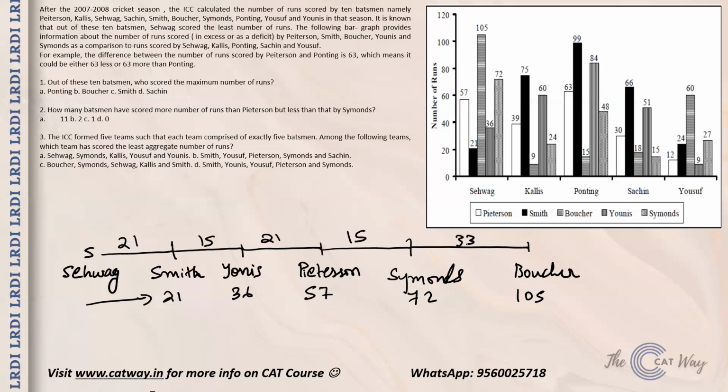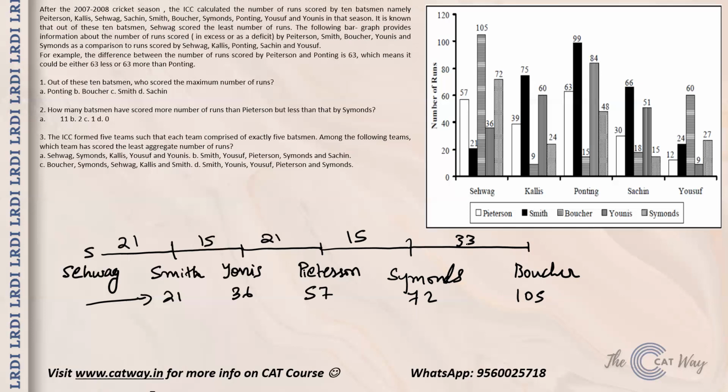Now if you compare Ponting and Peterson, there is a difference of 63. Now guys, Peterson himself has scored 57 more than Sehwag.